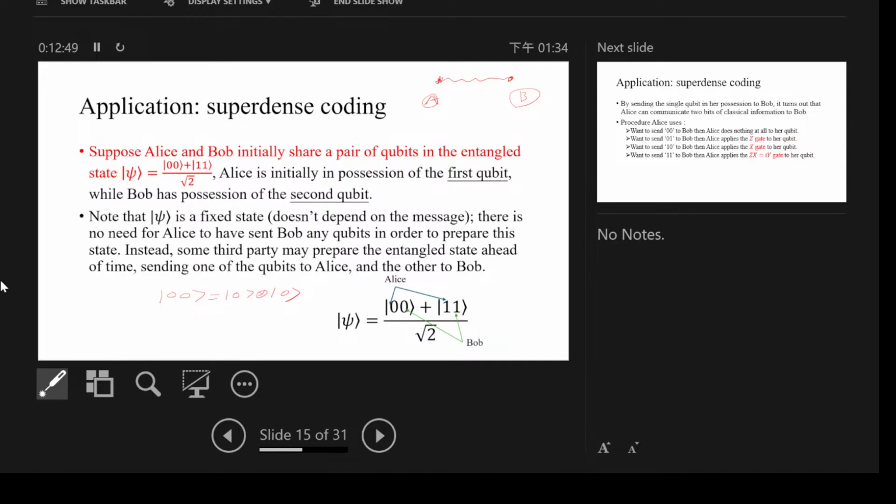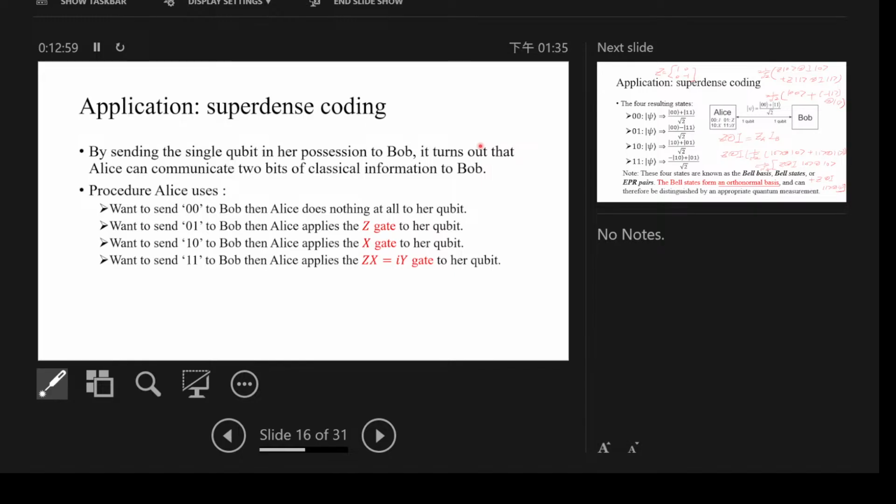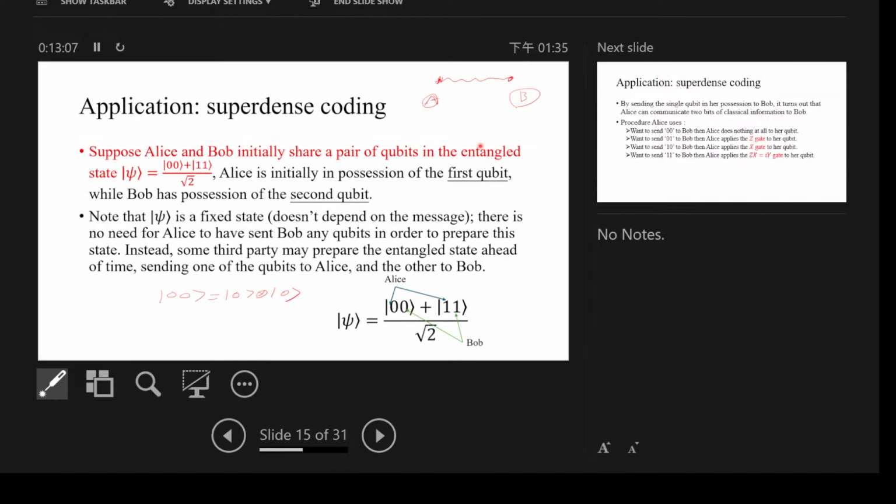So Alice and Bob share a whole bunch of entangled pairs. And if they only want to send 2 bits of classical information, then they only need to share 1 pair of entanglement.